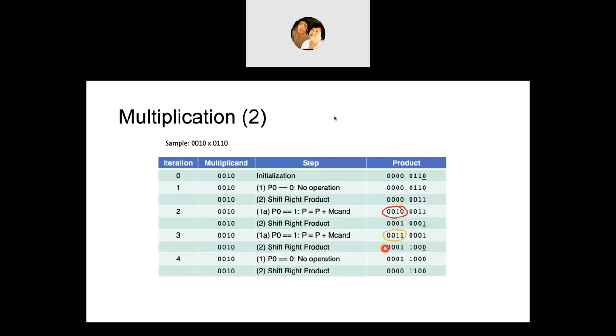In the most significant bit, we have to add something there. How can we add something there? In this algorithm, we just add 0. We don't have to think about the sign bits at all. So that is why this algorithm works on unsigned multiplication only.